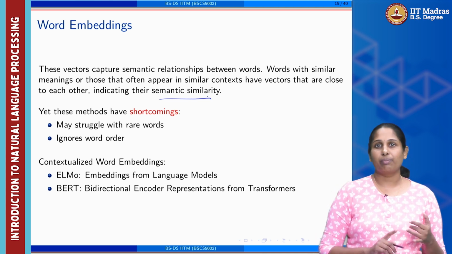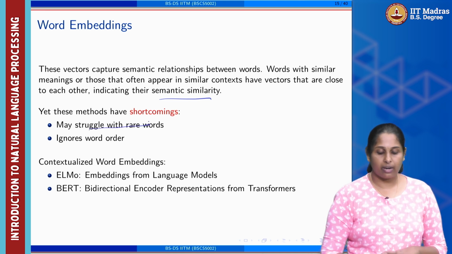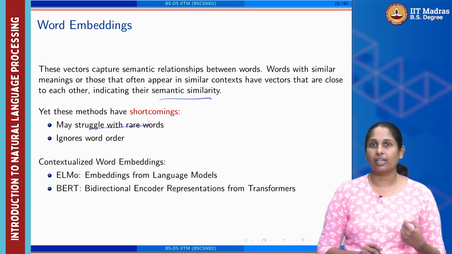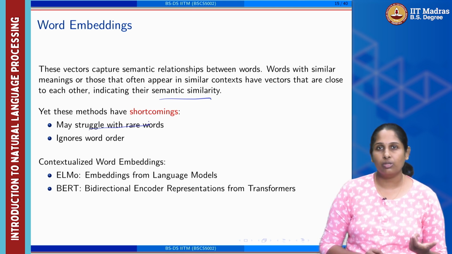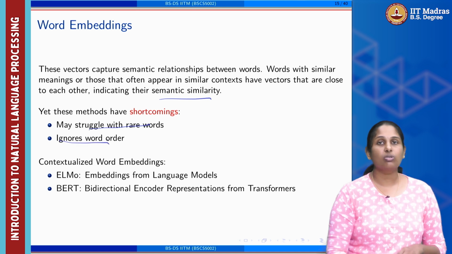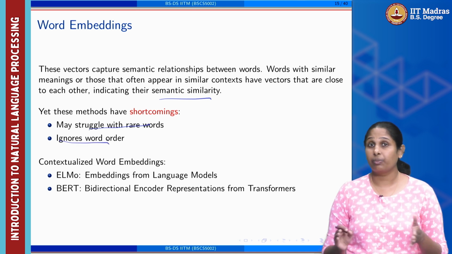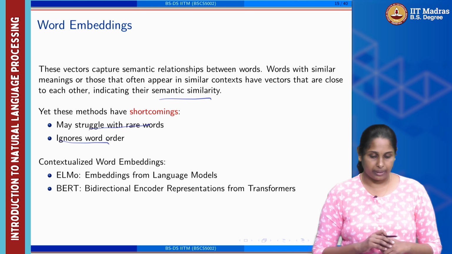As we have seen in bag of words and TF-IDF, it can struggle with rare words. A word that occurred only one time, identifying its vector space using this kind of method is very difficult, and it ignores word order. Positional information is not captured through word embedding.